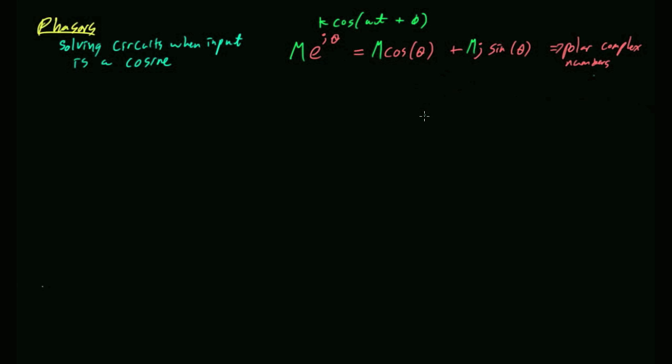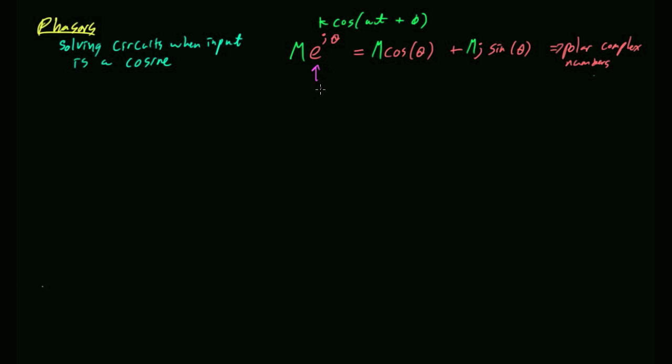So we said, look, instead of sweating how my system is going to respond to a cosine, I'm going to pretend that instead of inputting a cosine, I've actually inputted a complex exponential. I'm going to solve all the math assuming that, because it's going to make all the math easier.